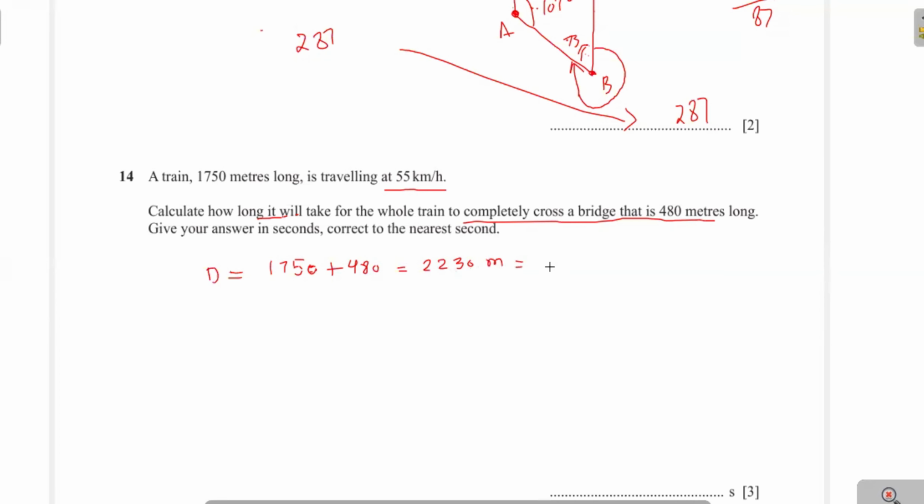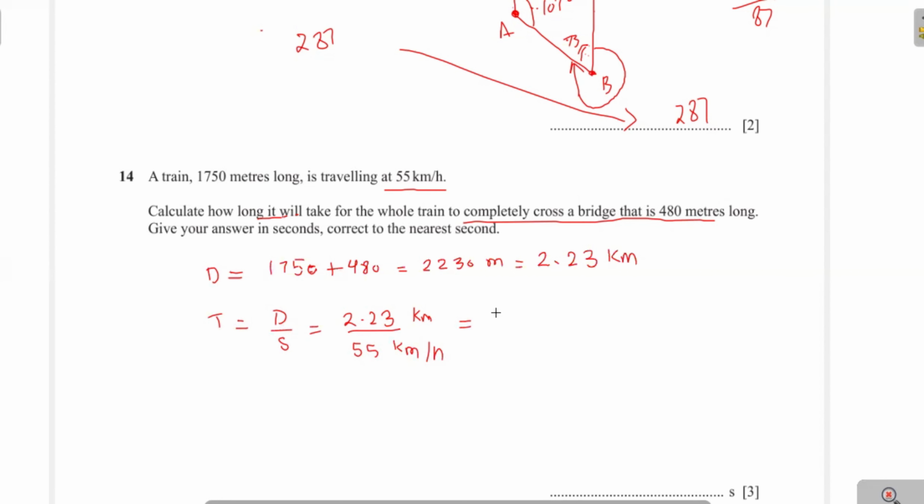We convert into kilometers. Therefore, this value will be equal to 2.23 kilometers. We have to calculate the time. The time will be equal to distance over speed. Here the distance is 2.23 kilometers divided by the speed, here 55 kilometers per hour.